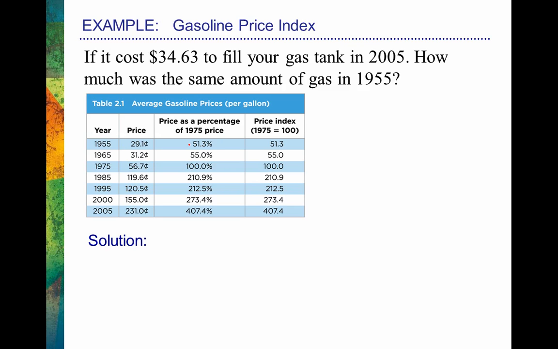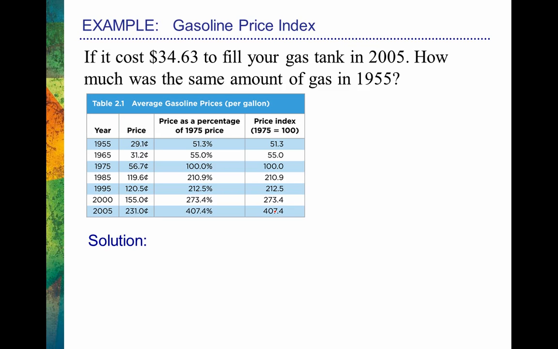So when I make a fraction of these index values, here they're listed as percentages, here they're listed as the actual index values, I'm going to want to have the 1955 on top and the 2005 on the bottom. That's going to help me find out how they specifically are related for those 2 years. Obviously the number that I get is going to be less than 1, because I'm going to have a 51 on the top and a 407 on the bottom.